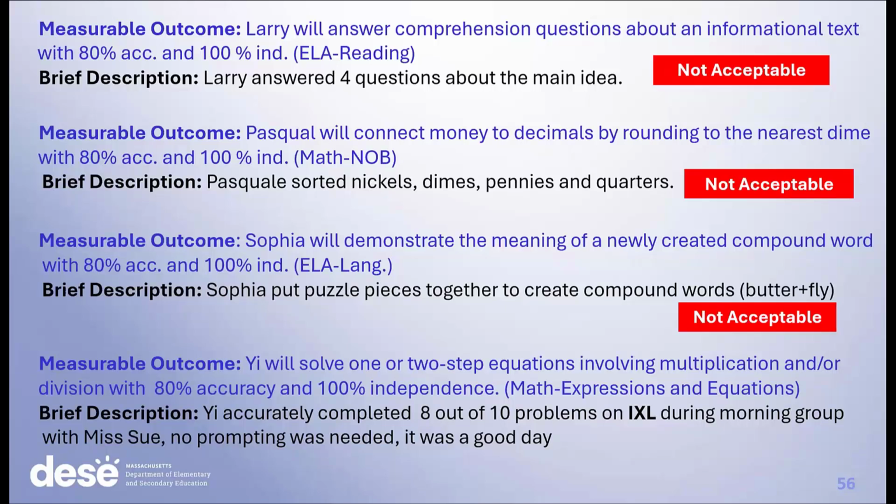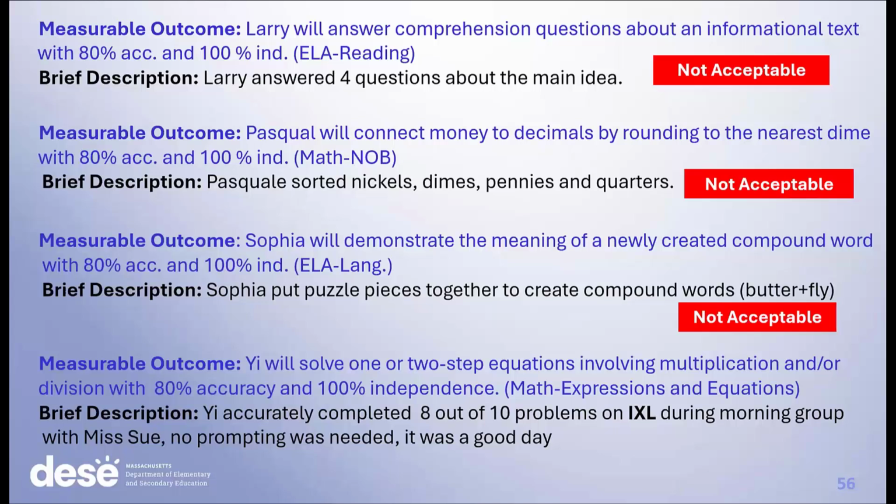We don't know. There's no explanation. And IXL, some of you may know that IXL is a computer program, but not everybody does. So be careful using those acronyms. And it's kind of limited the number of characters that you have in that space. So the fact that she worked with Miss Sue, everybody loves Miss Sue, but it's not really important.